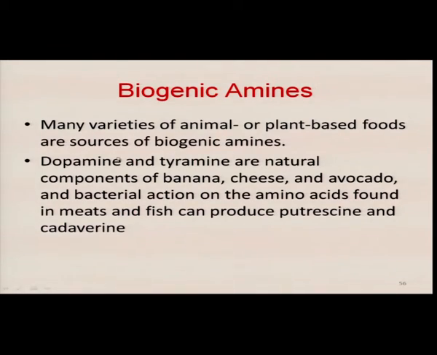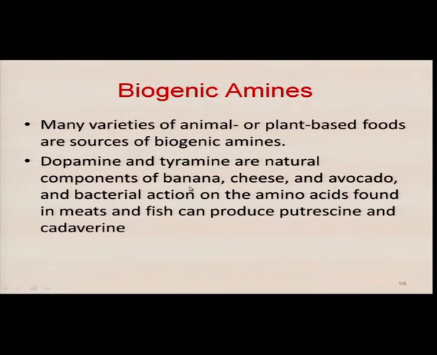Biogenic amines. Many varieties of animal or plant-based products are sources of what we call biogenic amines. Dopamine and tyramine are natural components which are present in banana, cheese and avocado. And bacterial action on the amino acids found in meats and fish can also produce putrescine and cadaverine. So cheese, banana, etc. contain dopamine.